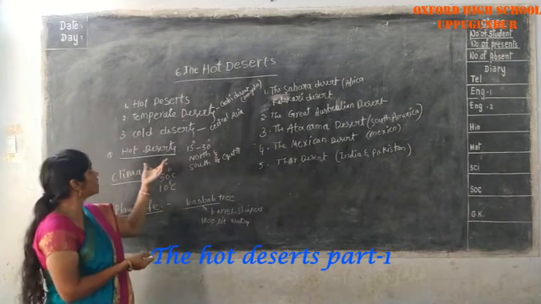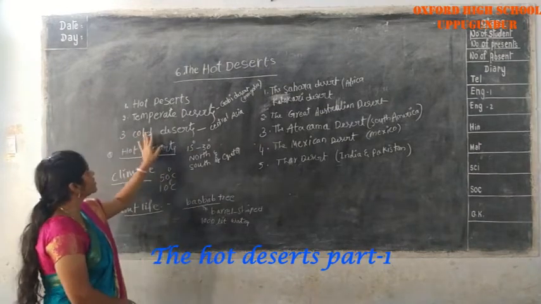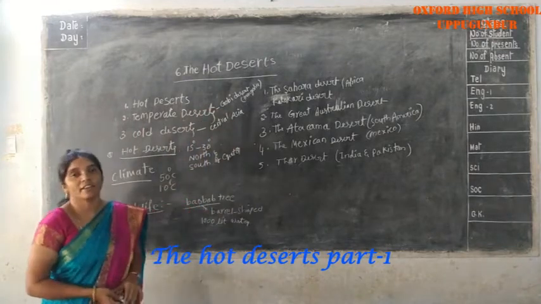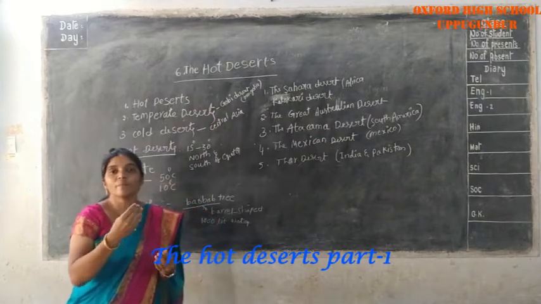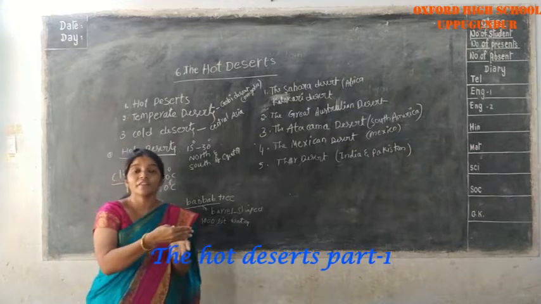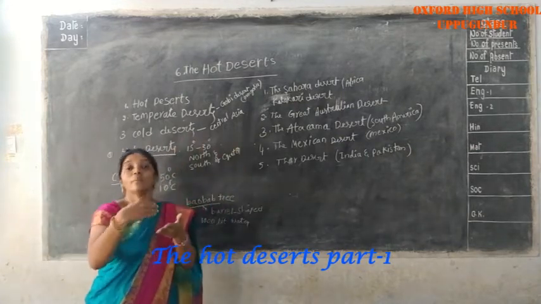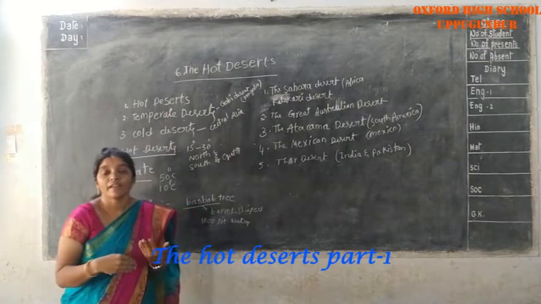Then temperate deserts. For example, the Gobi Desert in Mongolia in the Asian continent. It is far away from the equator, above the Tropic of Capricorn and Tropic of Cancer.